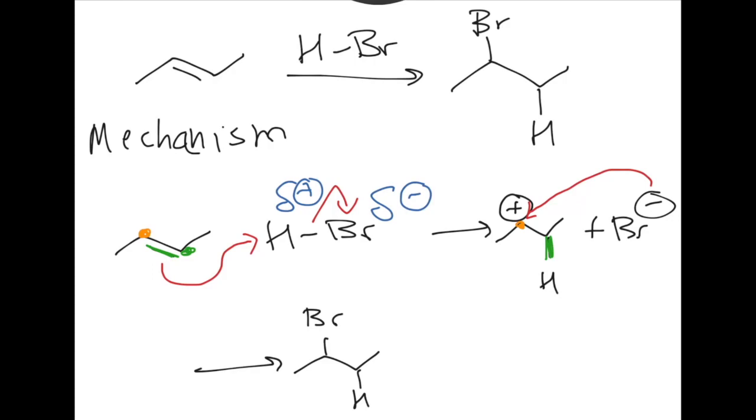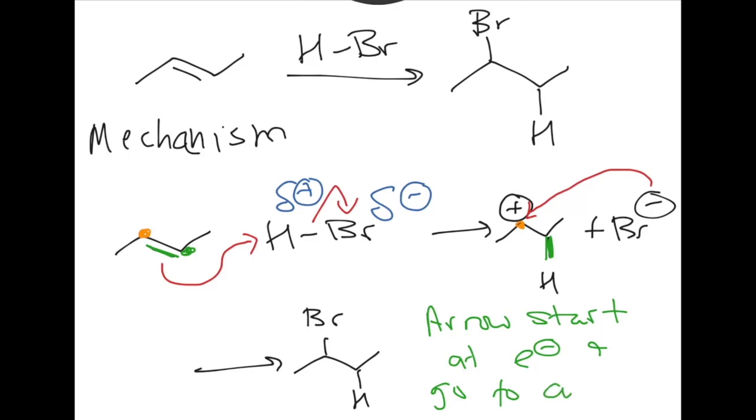Something I want to note: arrows start at electrons and go to atoms. Right. So you always start your arrow at electrons. So you start them at a bond.